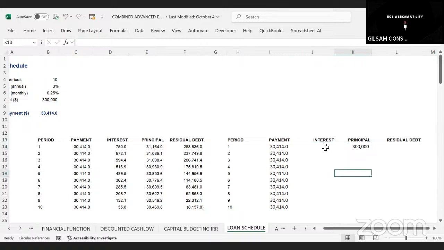Let me delete. The interest rate, which equals 25. 25 should be constant, times the principal amount, which is 300. Now hii inakuja percentage.